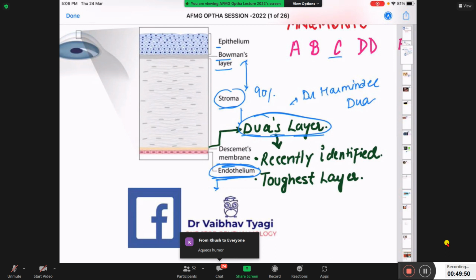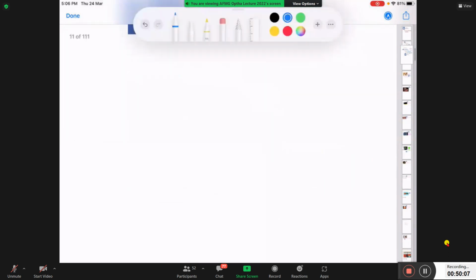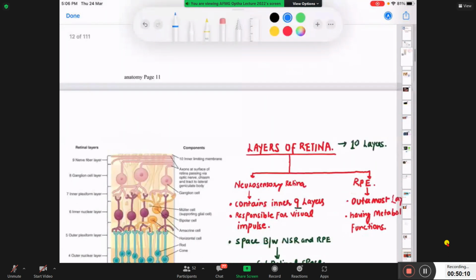Aqueous humor, right? If the endothelium is damaged, it will allow aqueous humor to seep inside the inner layers of the cornea, and it will lead to corneal opacity, right?